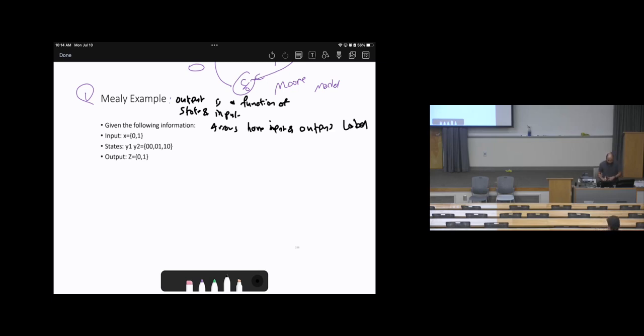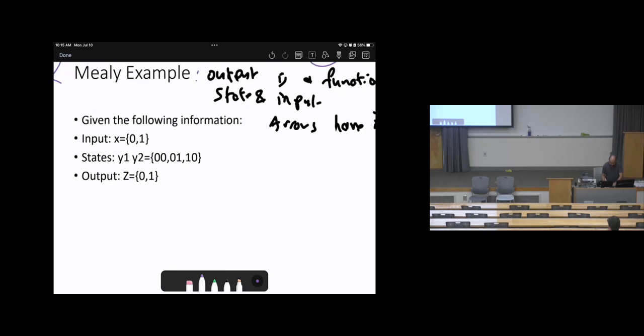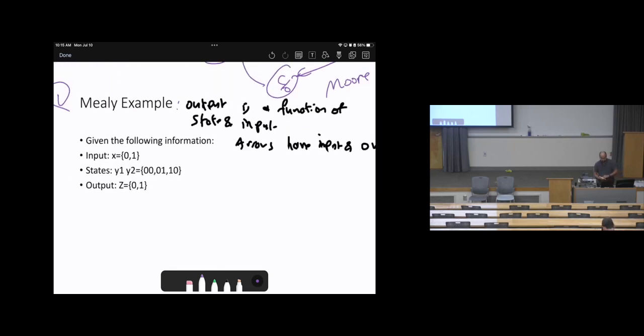Now, let's assume this scenario. We have only one input variable and one output variable, and we have states y1, y2 like this. So we have three states, 00, 01, 10. You can keep them like this, or you can call this state A, this state B, and this state C, or A1, A2.